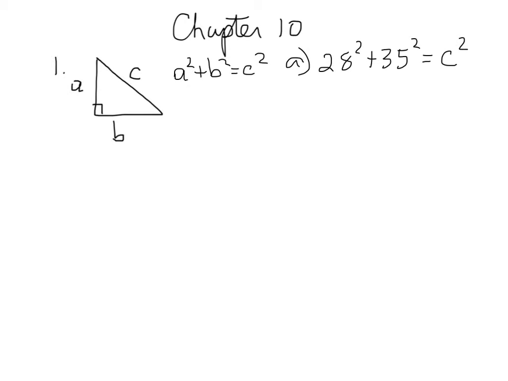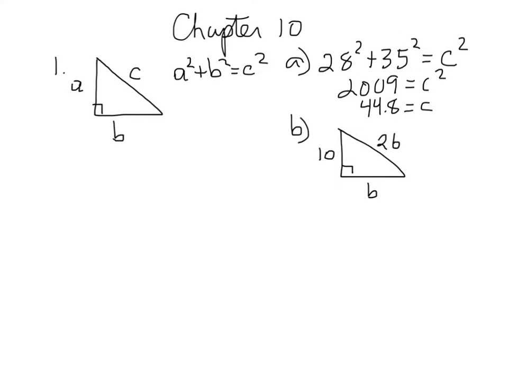So you square 28, you add it to 35 squared, you get 2009 equals c squared, so c equals 44.8.